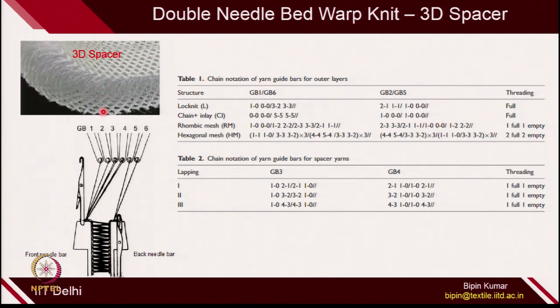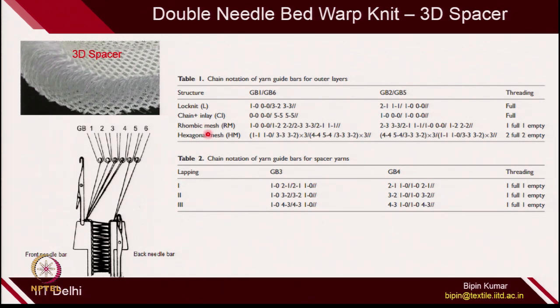You can see this is the bottom layer, this is the top layer, and then there are 2 guides, guide number 3 and 4. They are actually doing the connections. It is moving from front bed to back bed or back bed to front bed. This is how these types of structures are created.